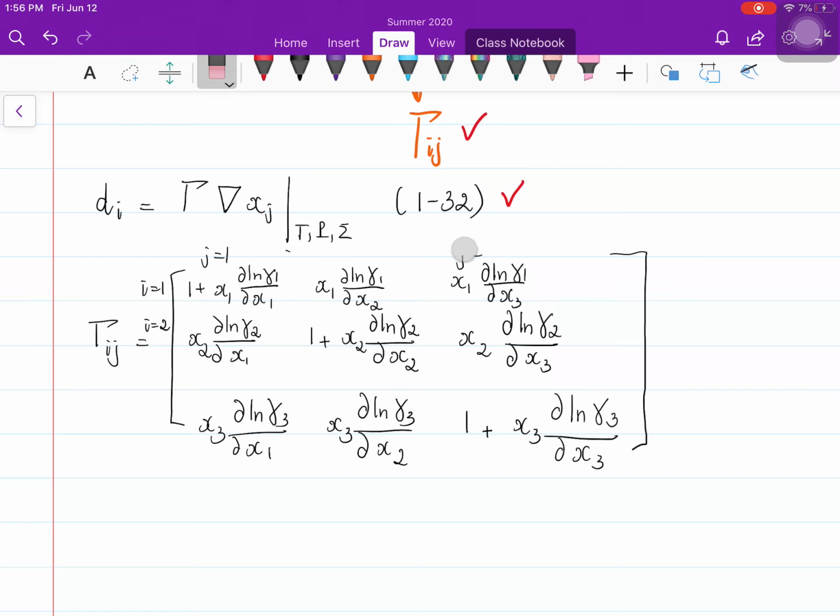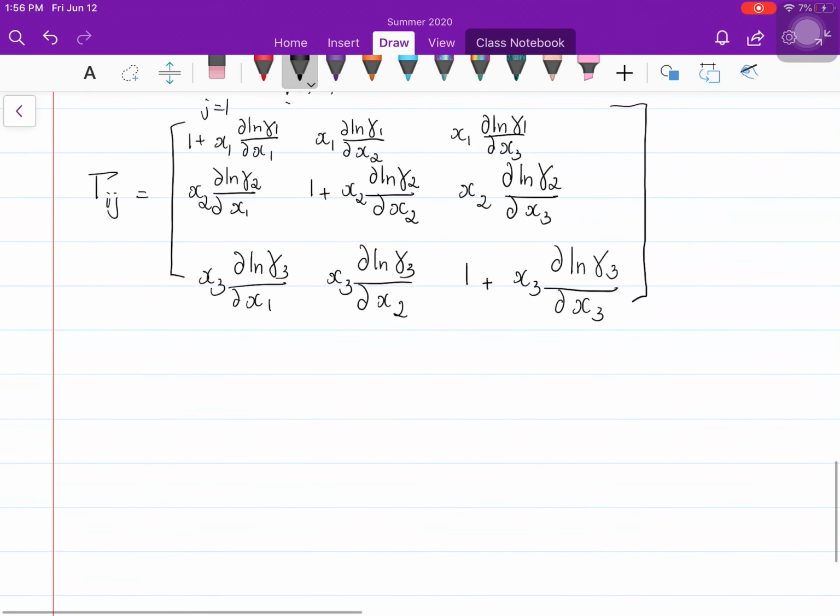So this is an example of the thermodynamic factor matrix for a mixture of 3 components.